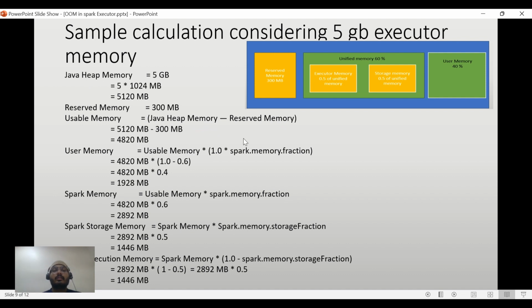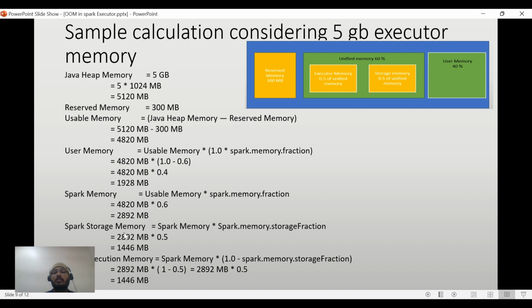Then user memory, this one, 40%. So this is 0.4, that is 1928 MB. Then Spark memory, that is unified memory. Spark memory, unified memory, it is the same thing. Unified memory will be 2892 MB, around 4820 multiplied by 0.6.